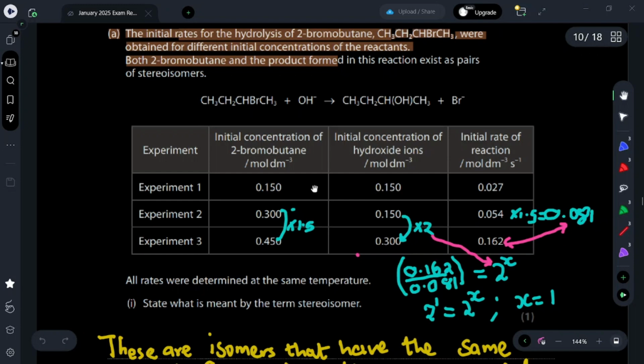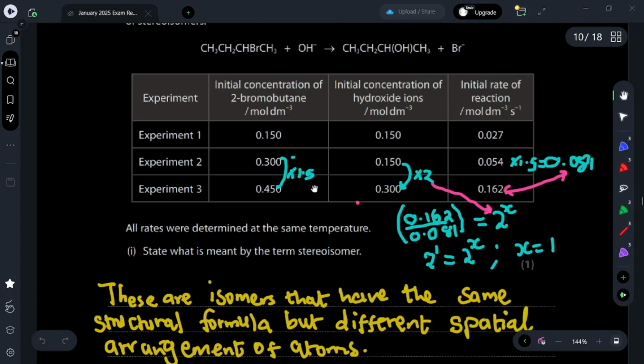Let's see about hydroxide ion. For the hydroxide ion, if I choose experiments 2 and 3, what is happening? If the concentration of 2-bromobutane is multiplied by 1.5, the rate should be multiplied by 1.5. But when we multiply 0.054 by 1.5, we don't get 0.162, we get 0.081.